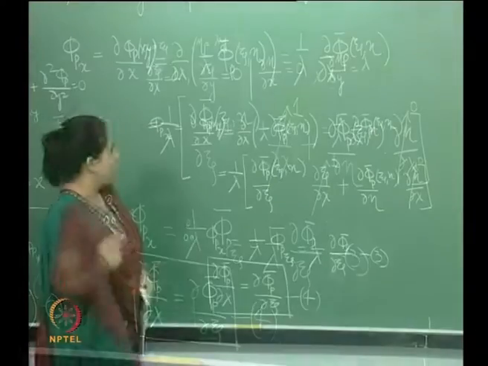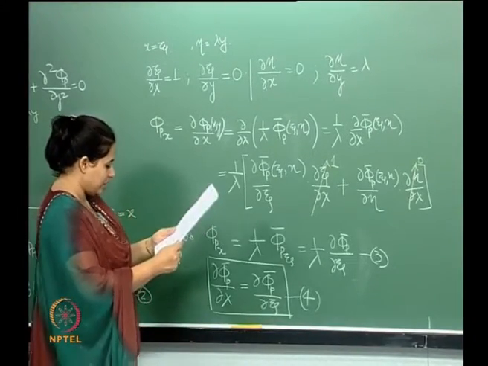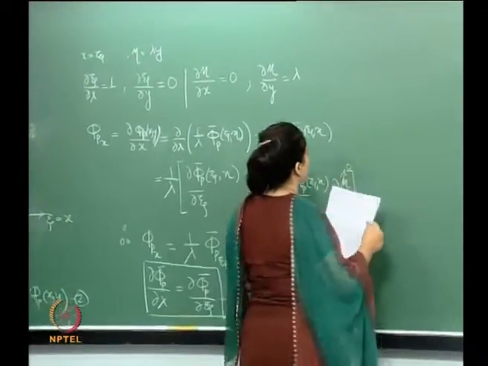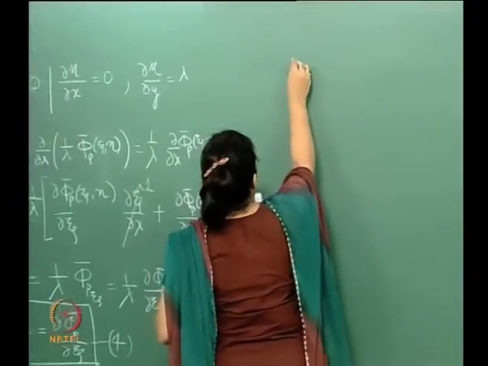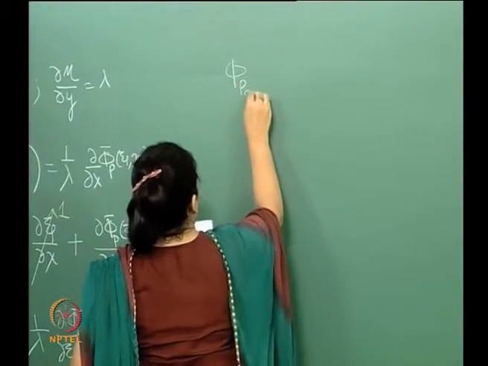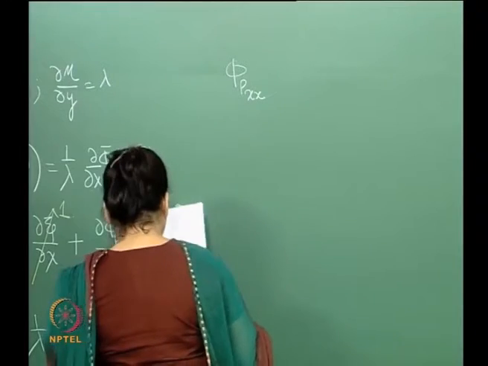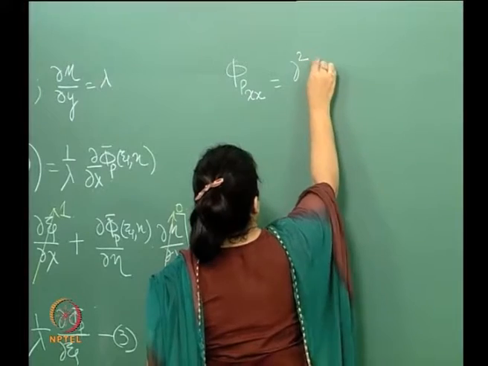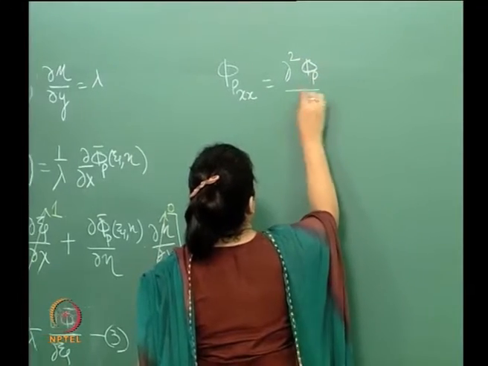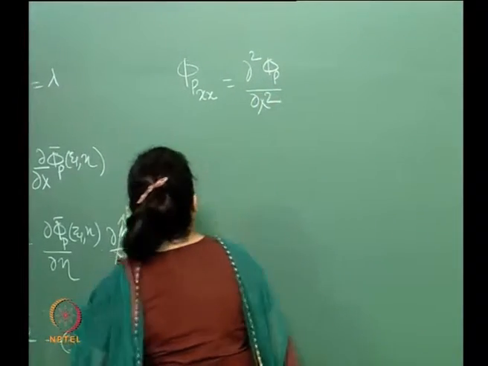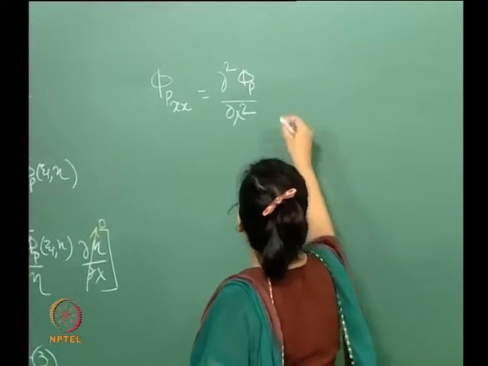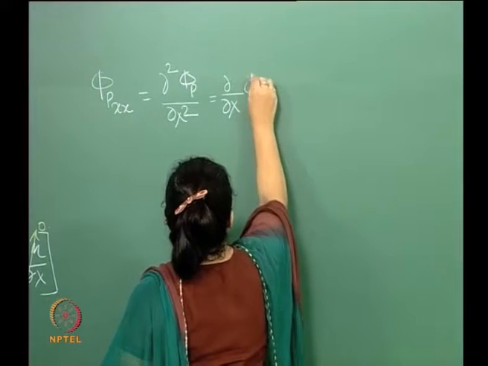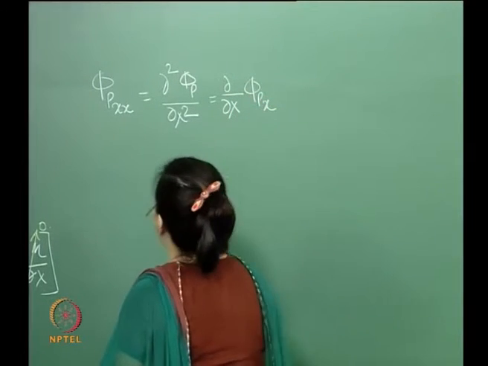Okay. So, having done that, let us use this: phi p x x, which is nothing but del del x of phi p x.